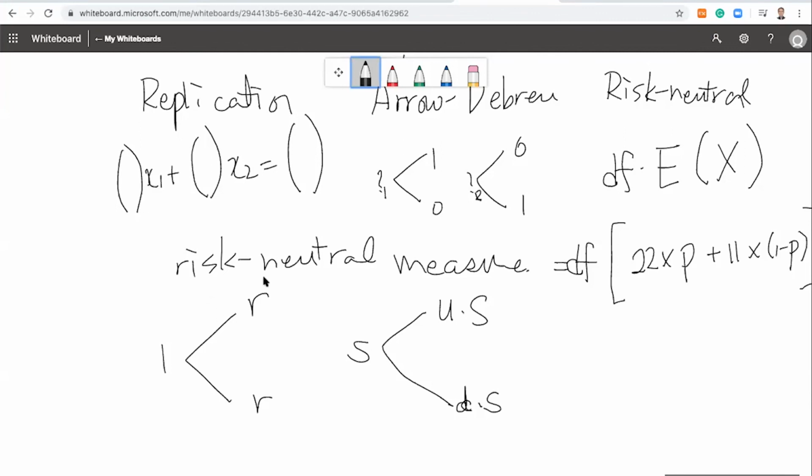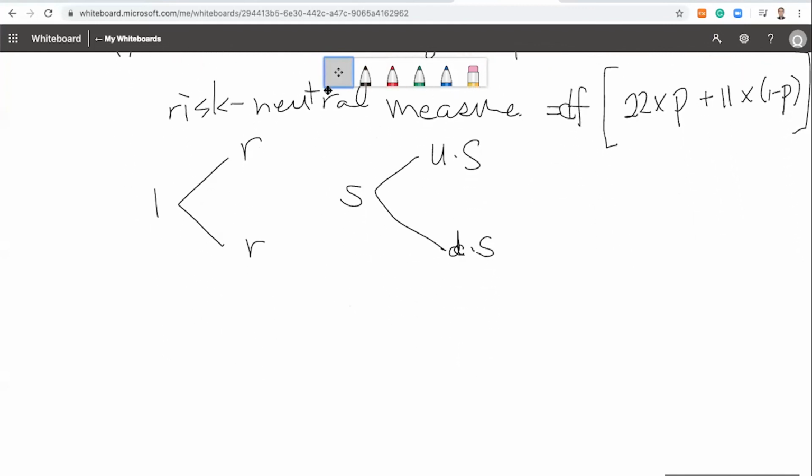The reason we call him risk neutral is that he does not care, once the expectation is the same.